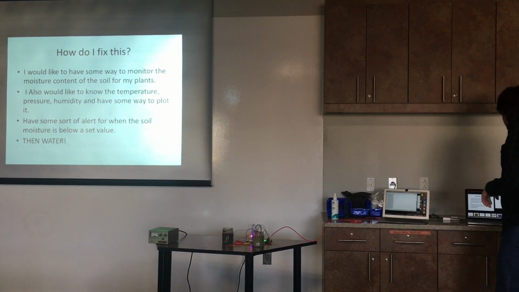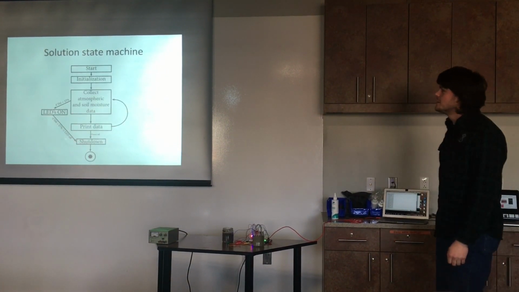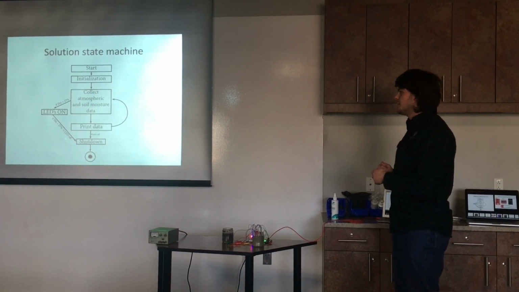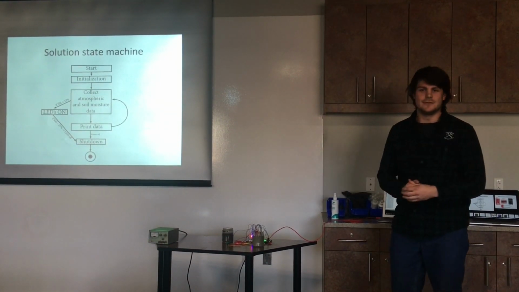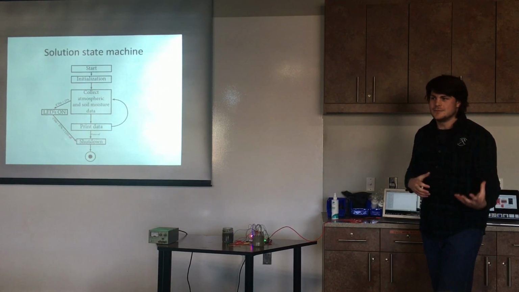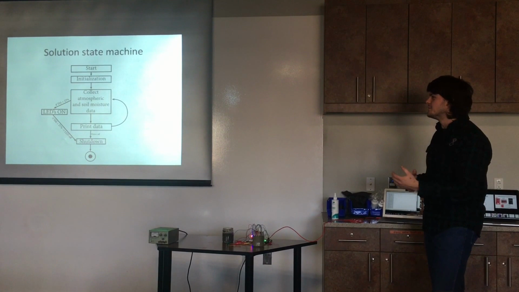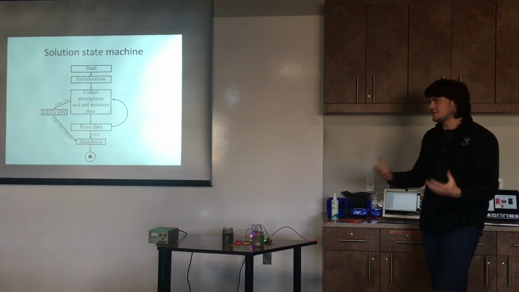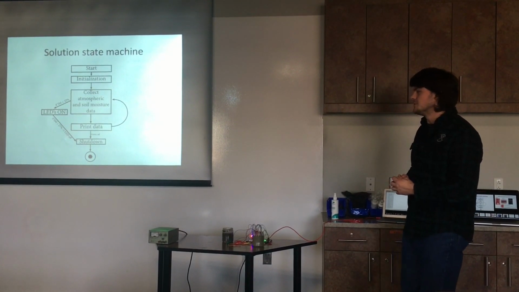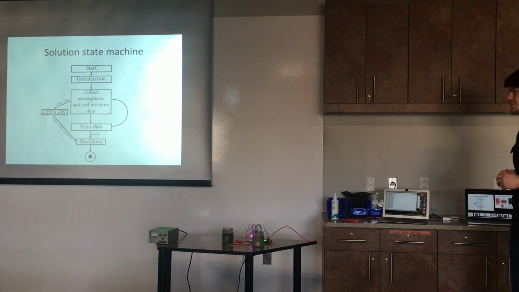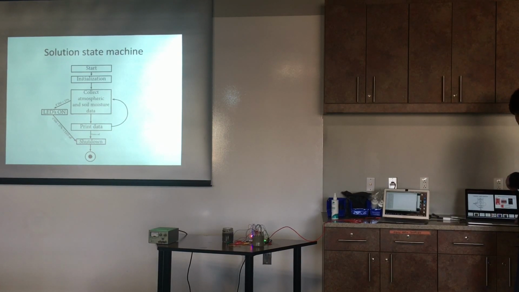So my solution was a state machine, on a loop, to collect this data, check whether we hit some criteria, do some type of notification that we hit this criterion, and then repeat that process over and over again. So right now I'm recording data, and I'll show you what this looks like in a little bit.